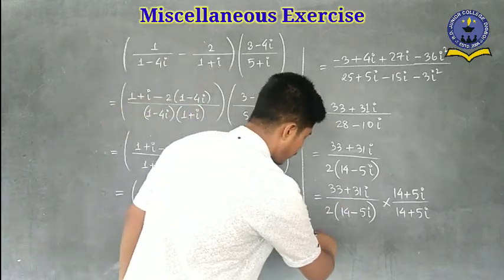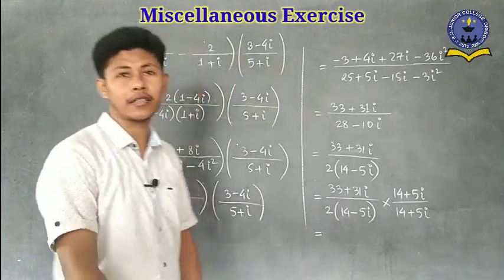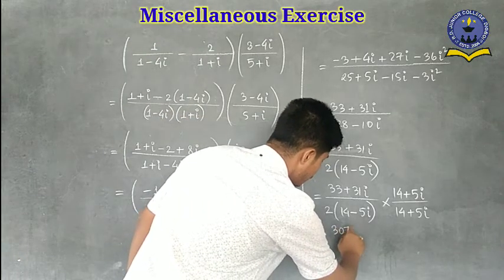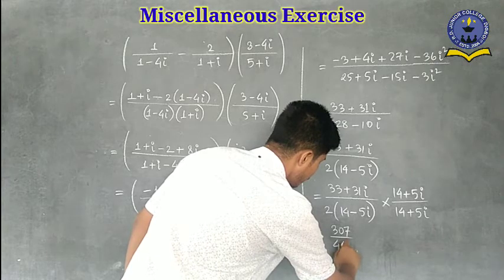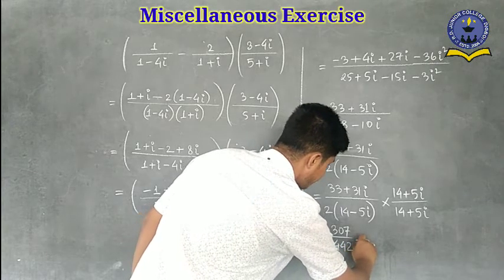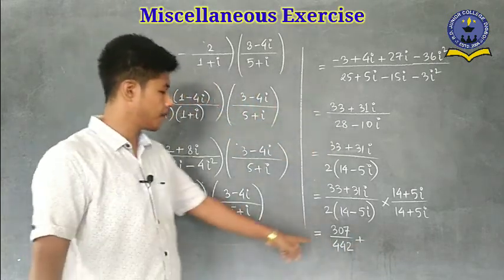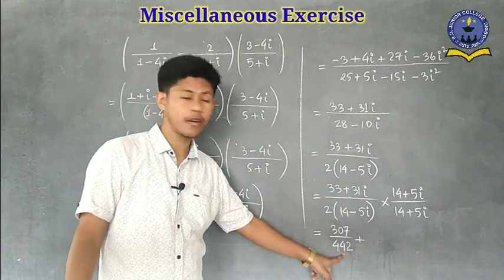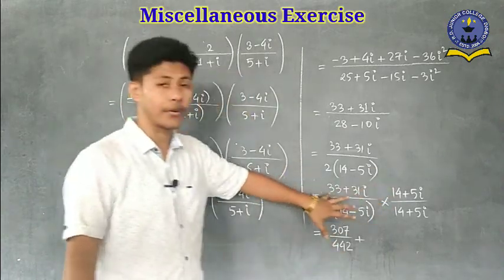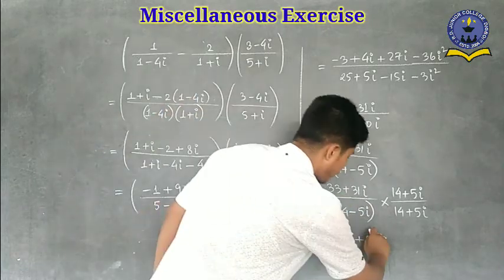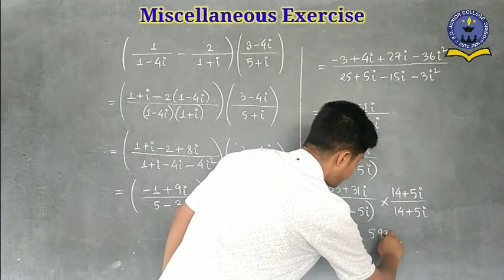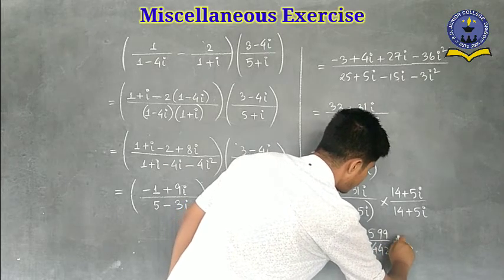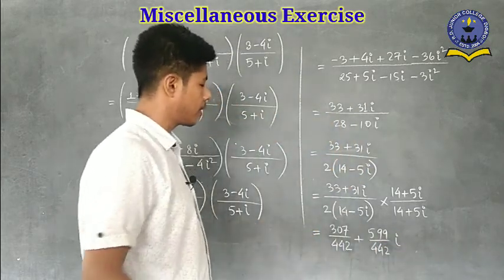So if we calculate, finally the answer here we get 307 by 442 plus, if we calculate the whole result, 599 by 442 into i. Is it clear?